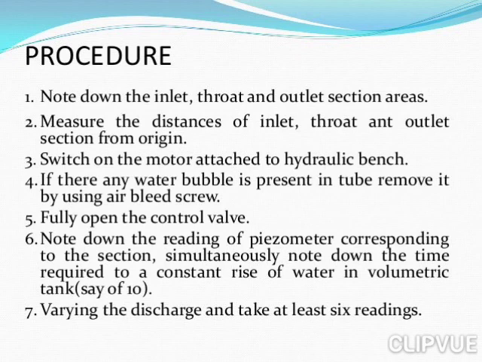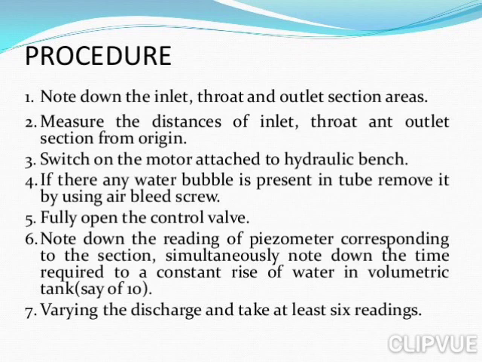Third, we have to switch on the motor attached to the particular hydraulic bench. Number 4, if there are any water bubbles present in the tube, we have to remove them by using the air bleed screw. Next, we have to fully open the control valve.